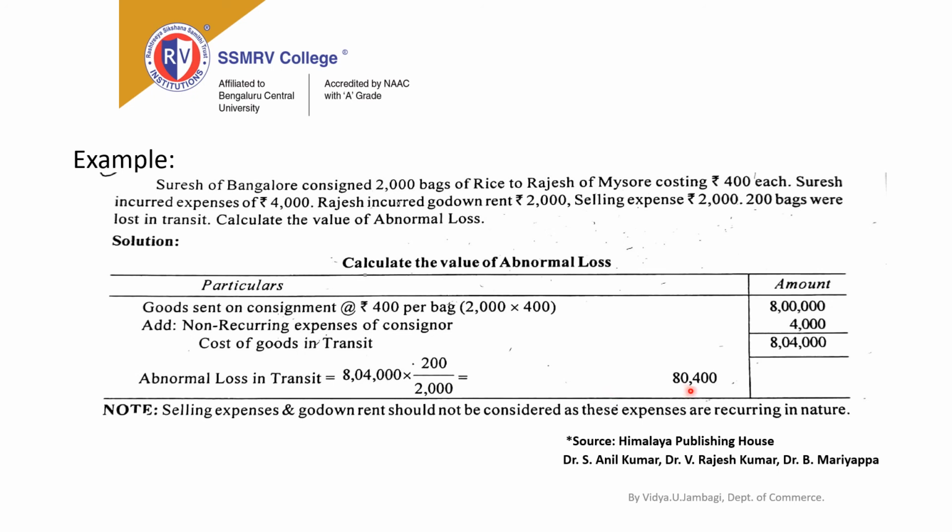So the value of abnormal loss in transit is rupees 80,400. Selling expenses and godown rent are considered as recurring expenses. That is why they are not added to the cost here.